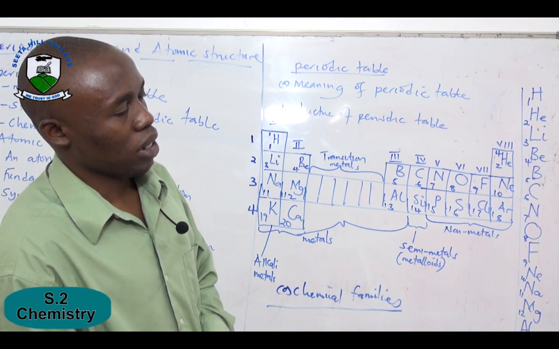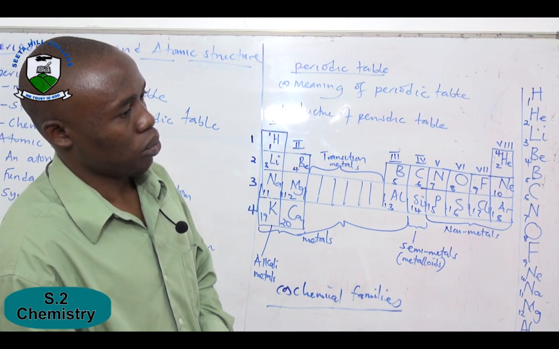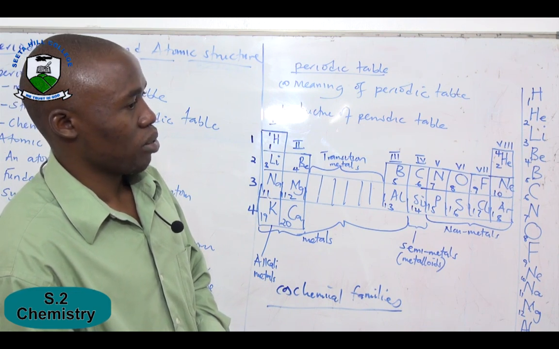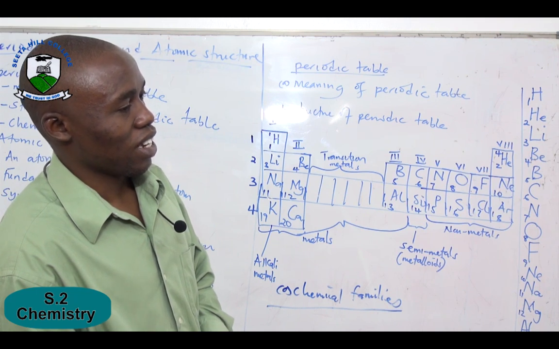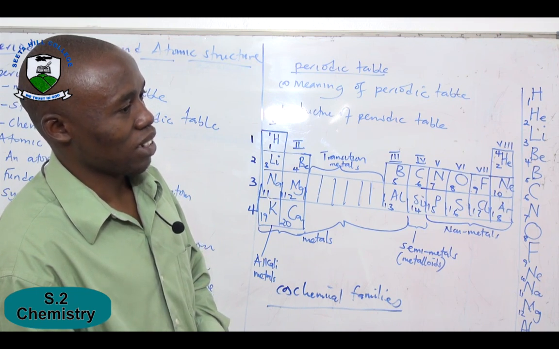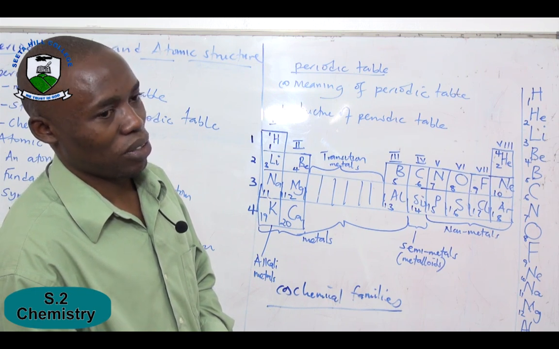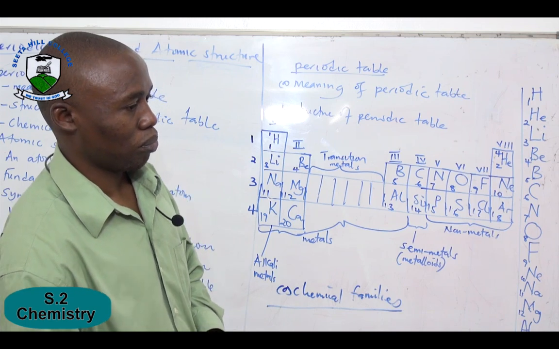Now, which chemical families do we have? Group 1, group 2, 3, 4, 5, up to 8, and another chemical family is transition metals or elements.